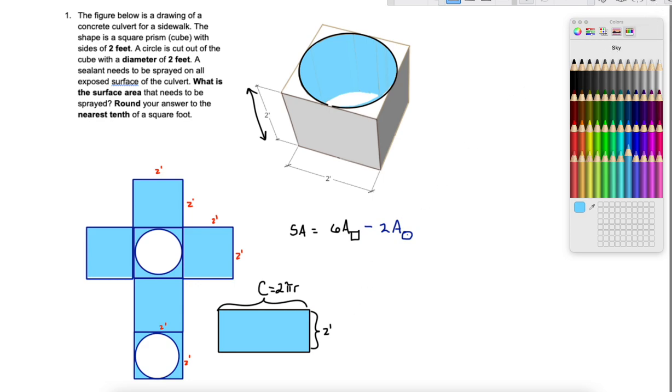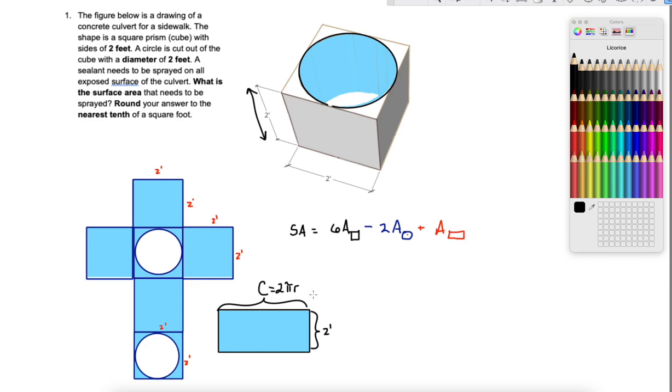So we're adding back in here this section, and that's going to be length times width, the dimensions of a rectangle. Well, let's write it this way. So area of a rectangle.